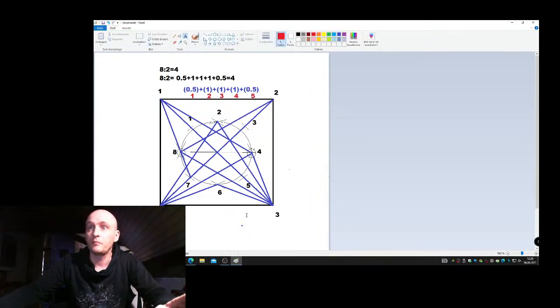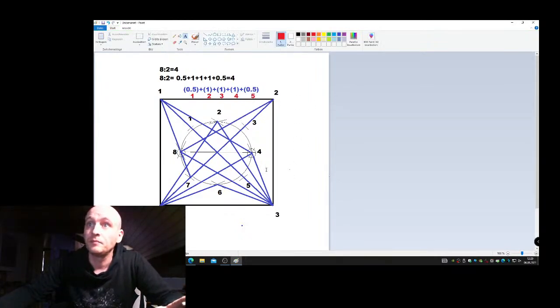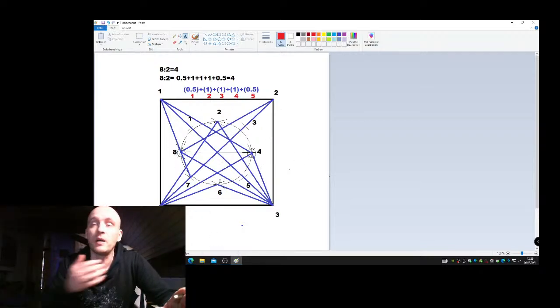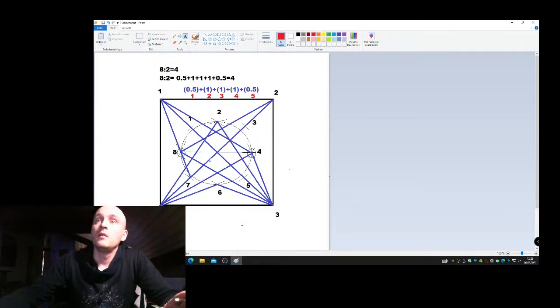And here under we see how to create E8 to A5, because the correct mathematical way is 0.5 plus 1 plus 1 plus 1 plus 0.5, which is the half of 8, 4.